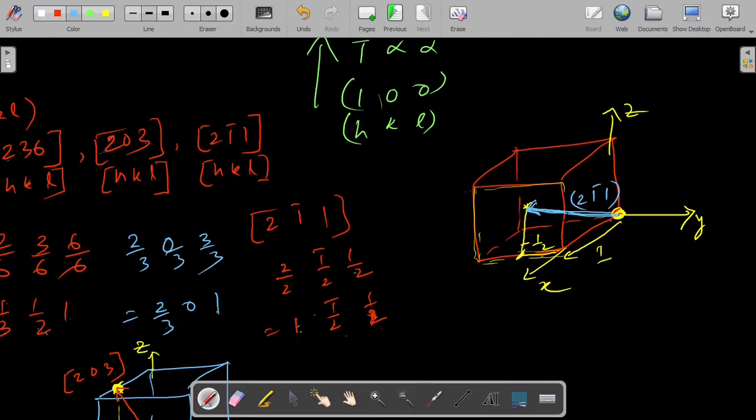Why these are important? These are important to describe what are the positions of atoms within a crystal, within a unit cell of a crystal. You see, for iron, aluminium, copper, zinc, these are simple materials having only one type of atoms.